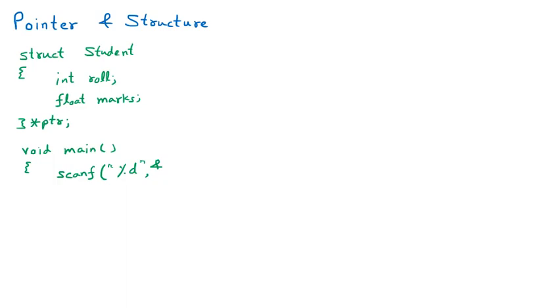Now this ptr pointer is going to point to roll number. We will not write ptr.roll. No, that is not the way of using a pointer. We will use an arrow sign. This arrow sign is the combination of the dash and greater than operator, so this is called the arrow operator.